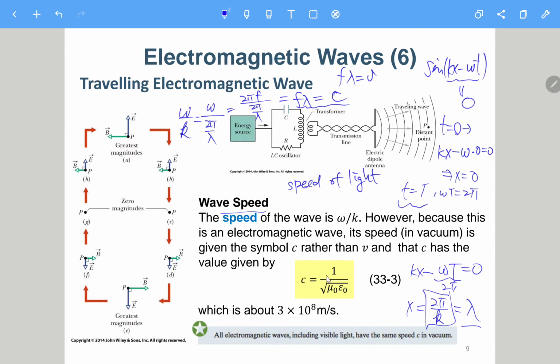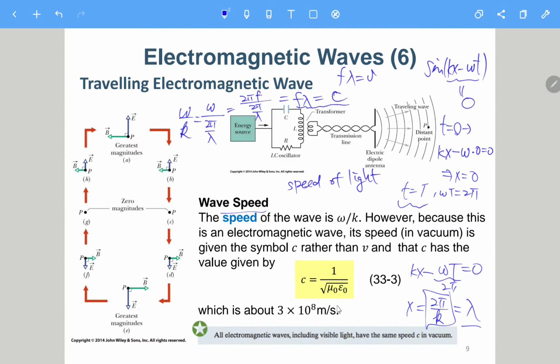Actually we can also try to solve the wave equation, and then we can find out that the speed of the wave will be this expression, 1 over square root of mu naught epsilon naught. So the permeability constant and also the permittivity constant are related to the speed of light.